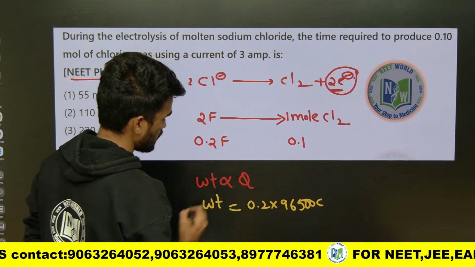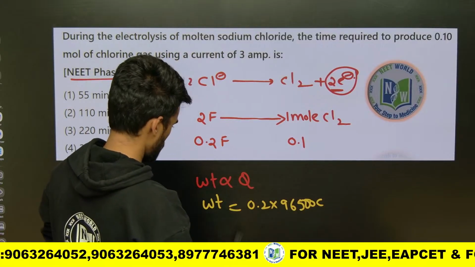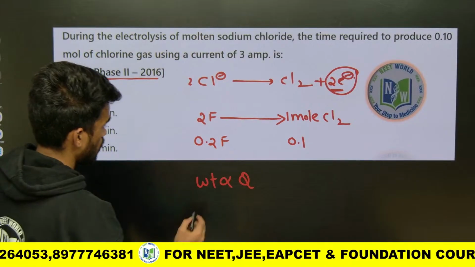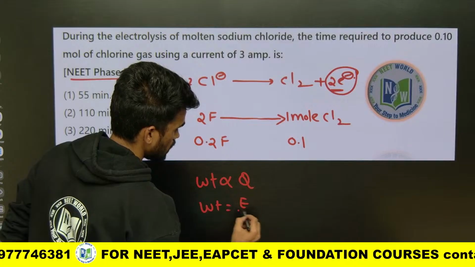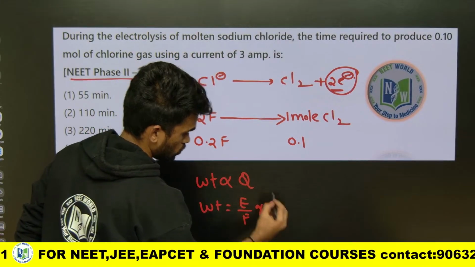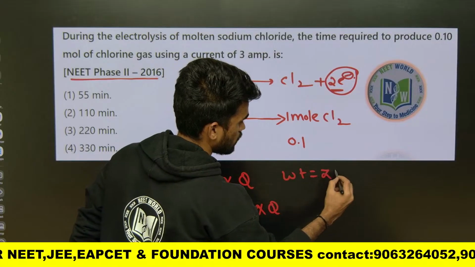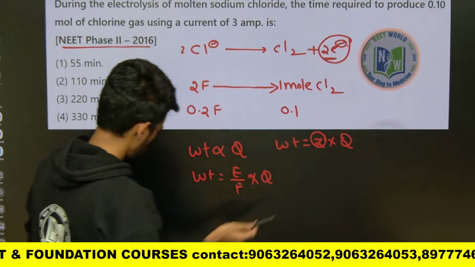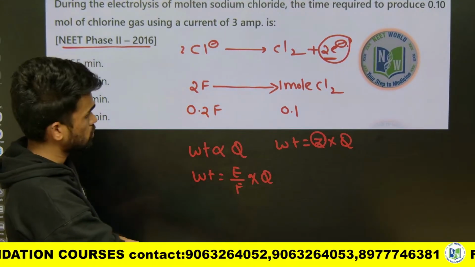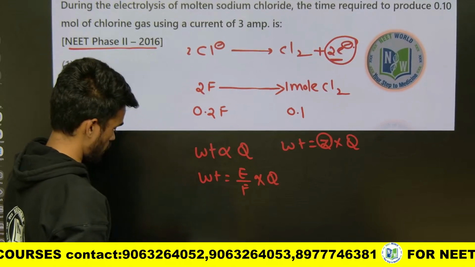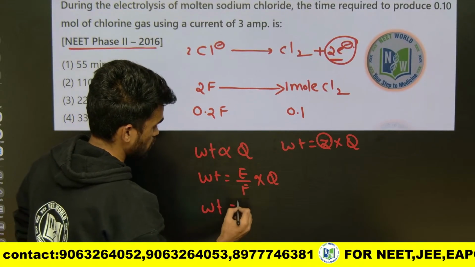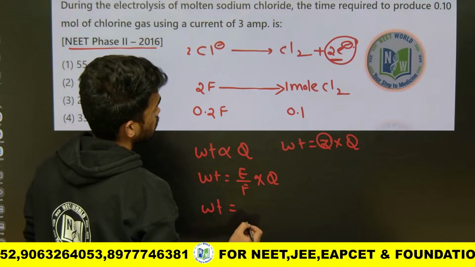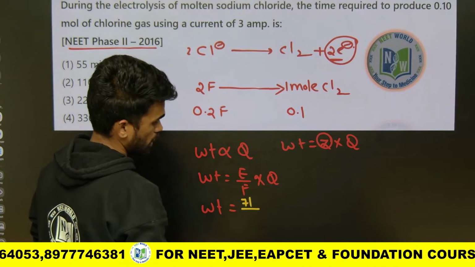So if we want the weight of this substance, weight equals to E by F into Q. So we have now weight equals to Z into Q. So Z I am writing like this, E by F. So what is our Q value here? 0.2 into 96,500, like that you have to write. So weight equals to, so what is the equivalent weight for this? Molecular weight 71 by n factor 1.